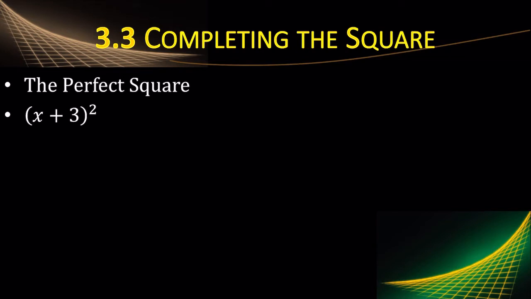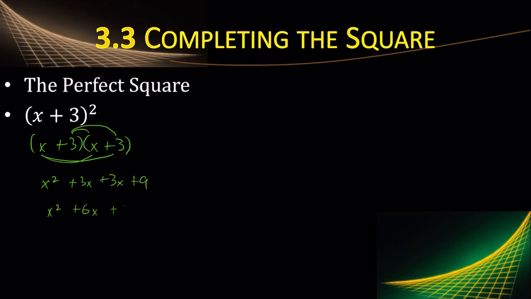If it's x plus 3 squared, that is the same as saying x plus 3 times x plus 3. Multiply it together: x times x, x times 3, 3 times x, and 3 times 3, or x squared plus 6x plus 9.